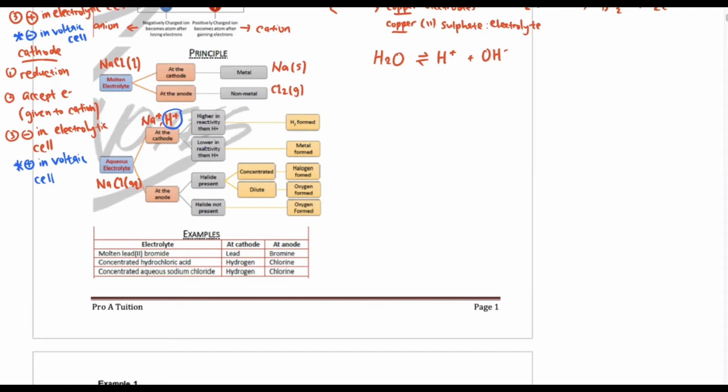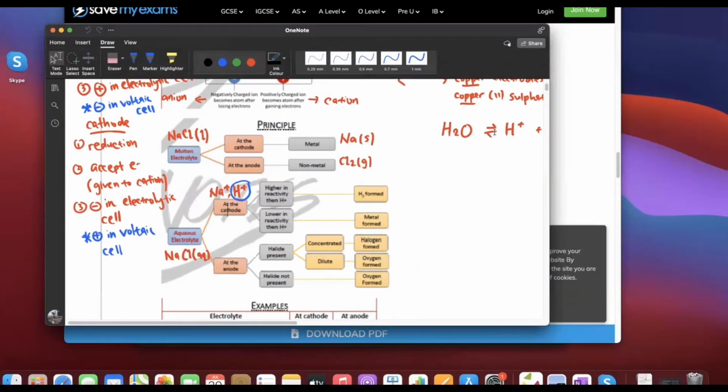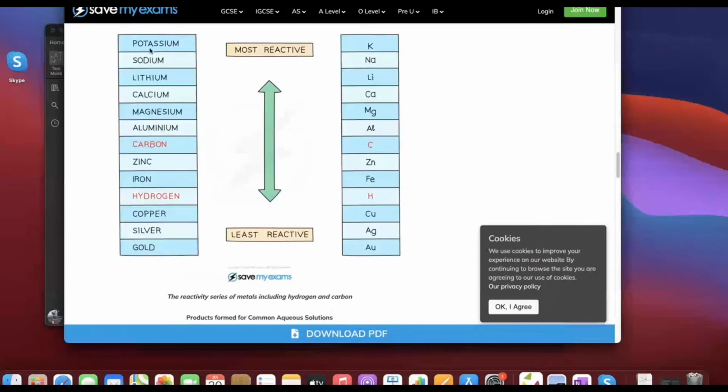Less reactive means it stays in a lower position compared to H+. So if they stay at a higher position, then they are not going to form the product, but H+ is going to form the product. So for example, let's look back at the series over here. You look at this series, whoever is above hydrogen ions, plenty of them.